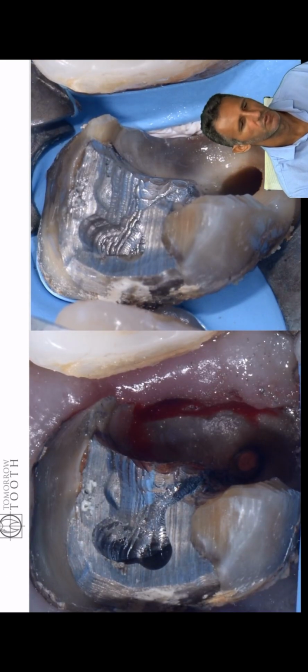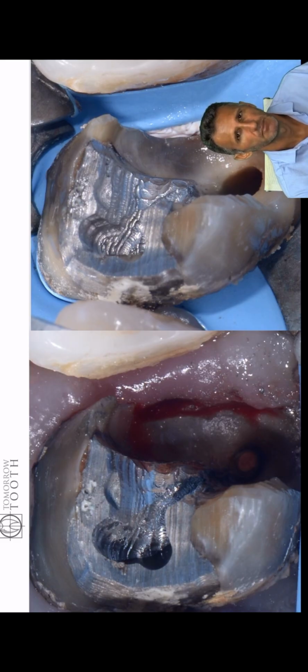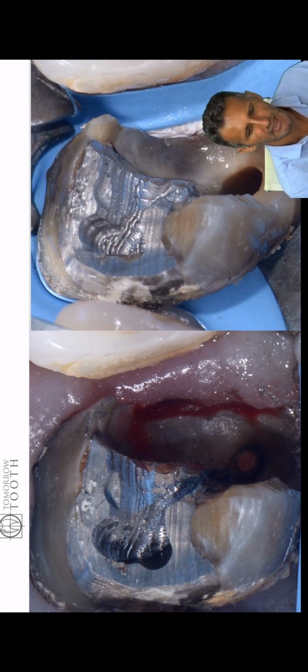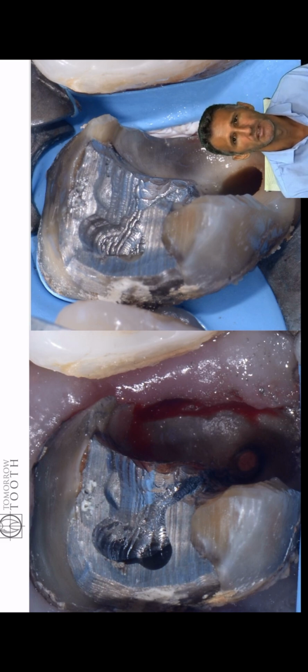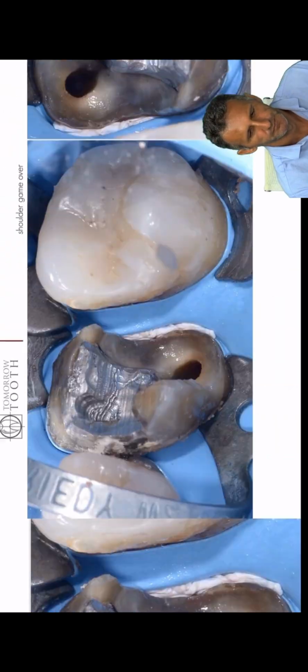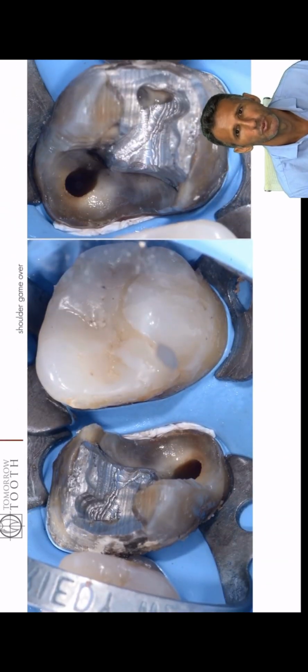Of course, you know, we are able with our approach to isolate this kind of tooth. I did my papillectomy, I put my dam, I put 2 clamps, I put the Teflon, I put everything, and I was able to isolate this tooth and the concavity. You see, I put a post, a rigid one, for many reasons.